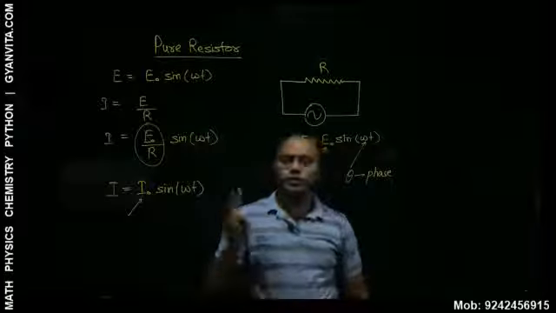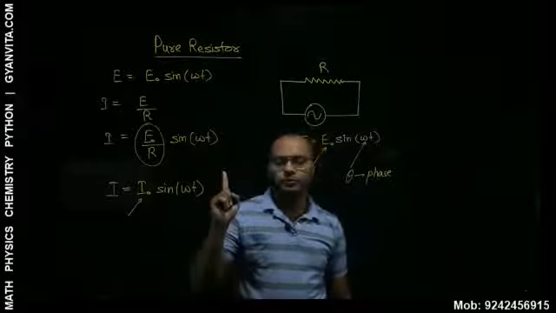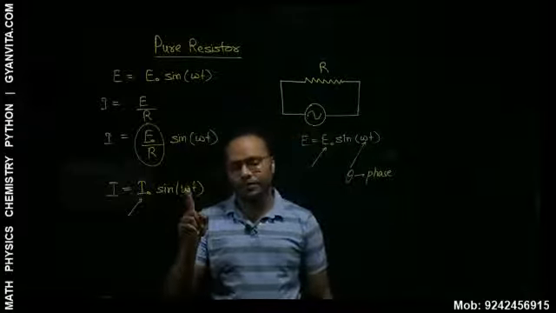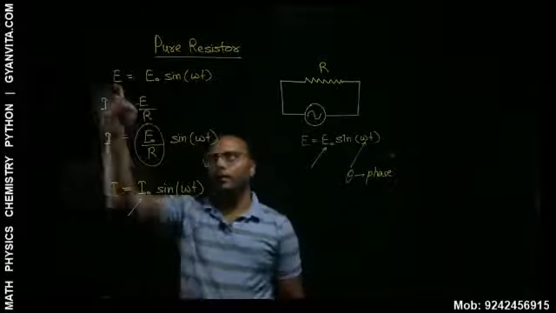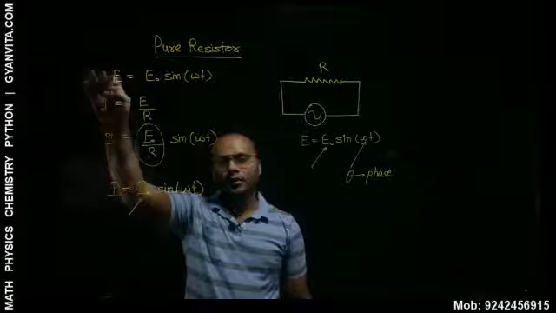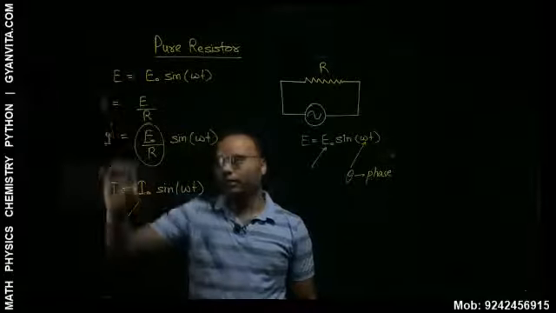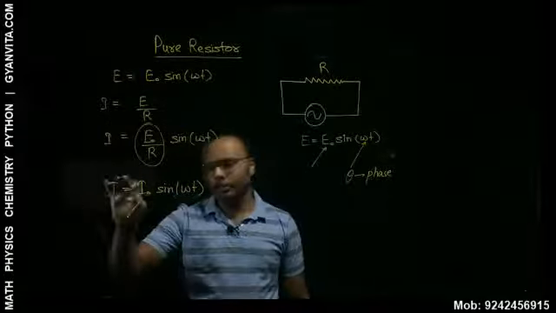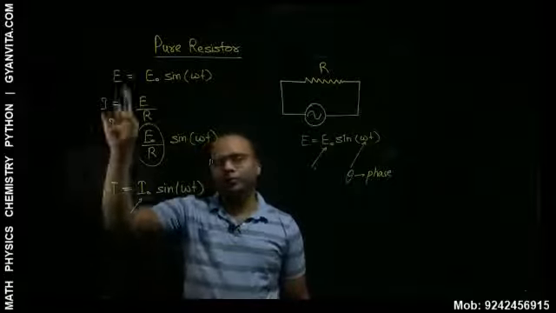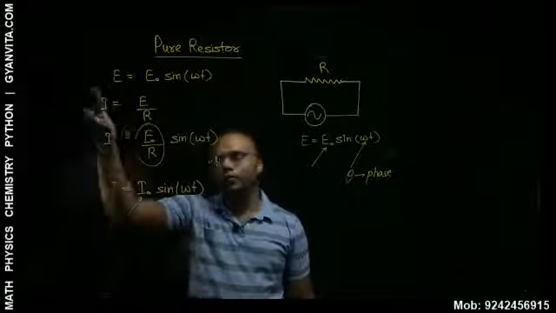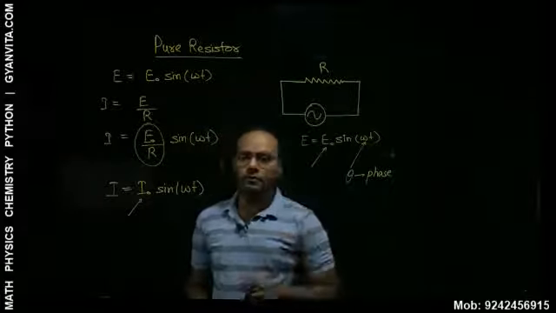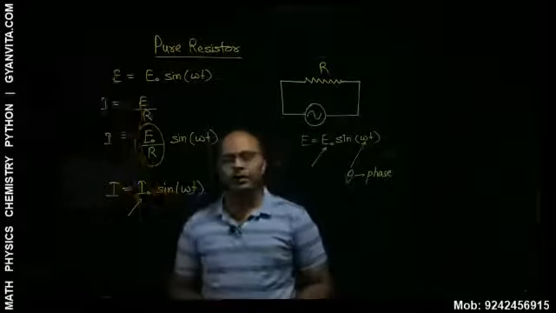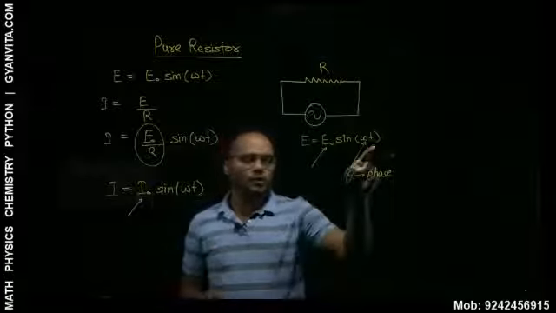So two more things we have to do, that is we have to draw the wave diagram and the phasor diagram. Clear? So four things we have seen. Expression for EMF, it's going to be the same for all. I, that is the expression for current, which we have to derive based on whatever information we have. Third thing is the wave diagram of both E and I. For that, we should have this knowledge of phase.